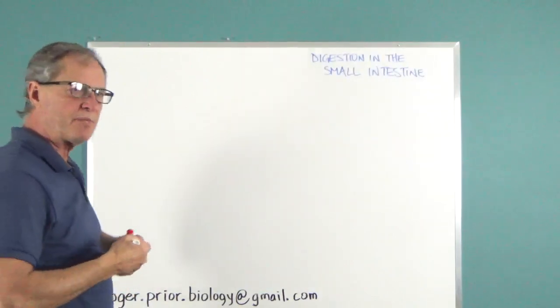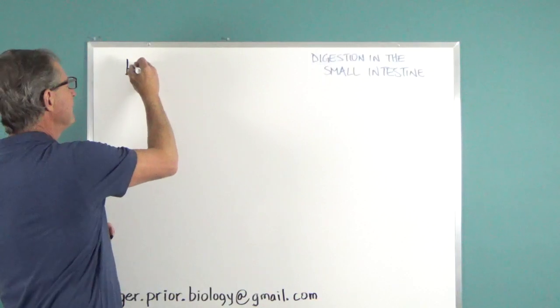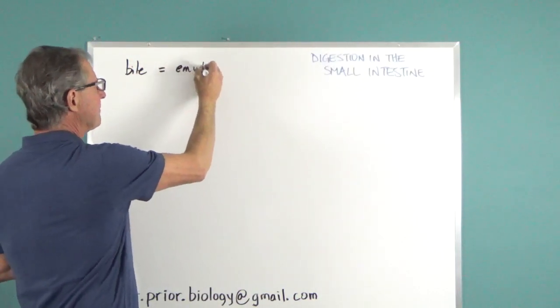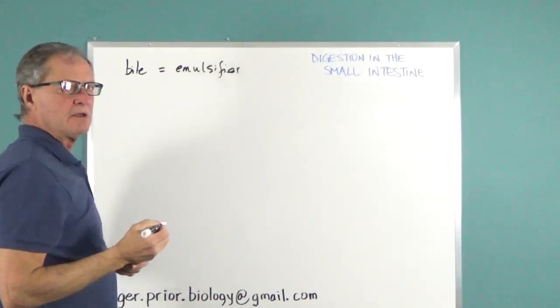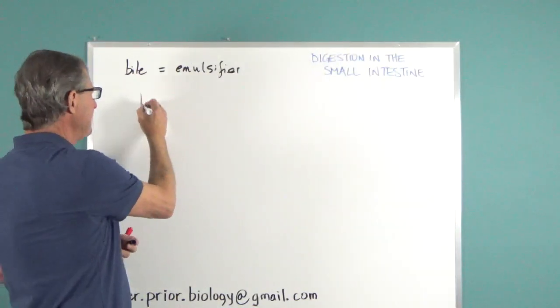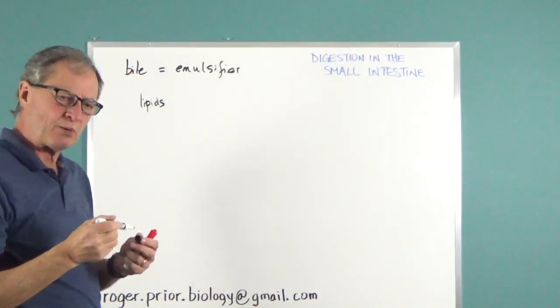We're considering what bile does. Bile is released from the gallbladder. It's an emulsifier. One of the components of the acid chyme is actually the lipids. Lipids don't mix well with our body.